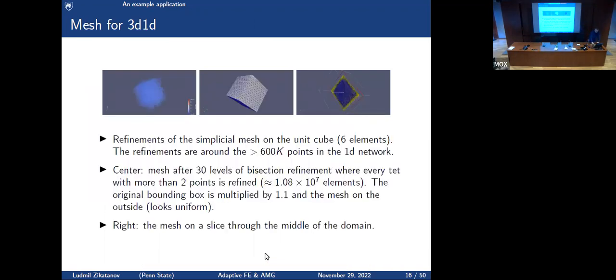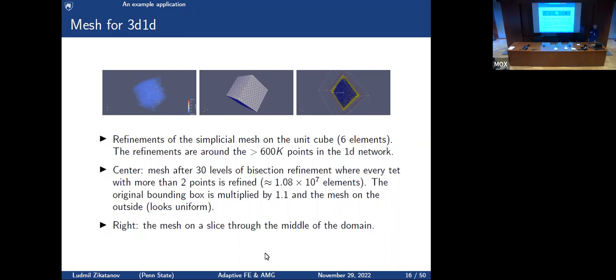So on the left is the network. In the middle is the mesh built in a way that every tetrahedron contains 2 points from the 1D graph. Okay, this on the left is also a graph. It has vertices, so every tetrahedron in the center has no more than 2 vertices.